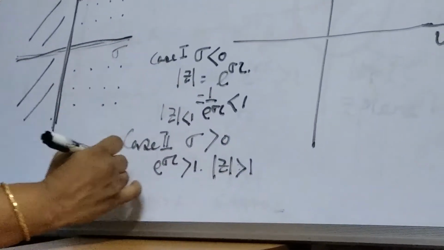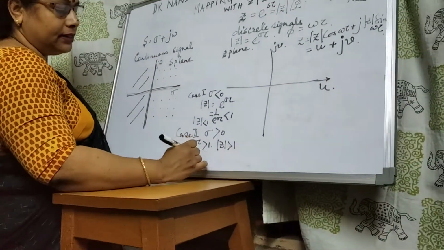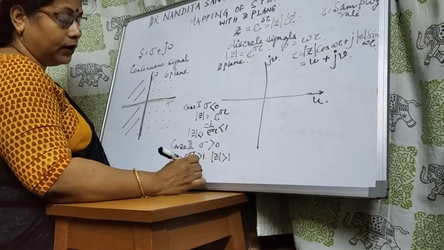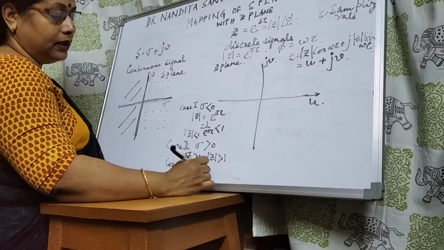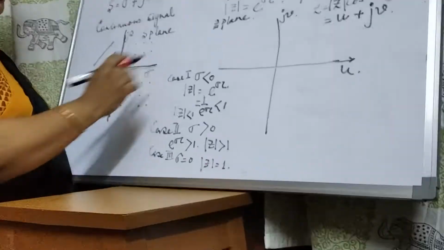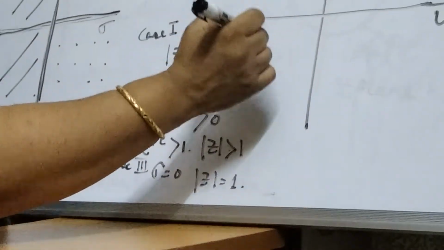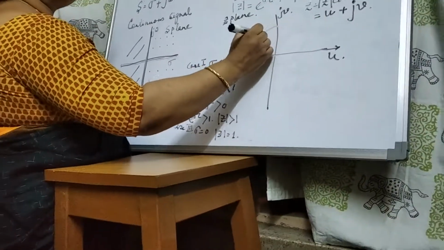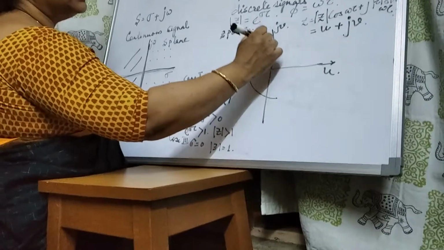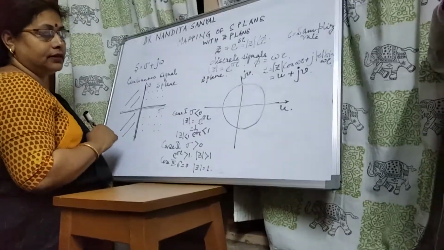And case 3, when sigma is equal to 0, then mod Z is equal to 1. If these three cases are considered in this plane, we have to draw a circle with unit radius.